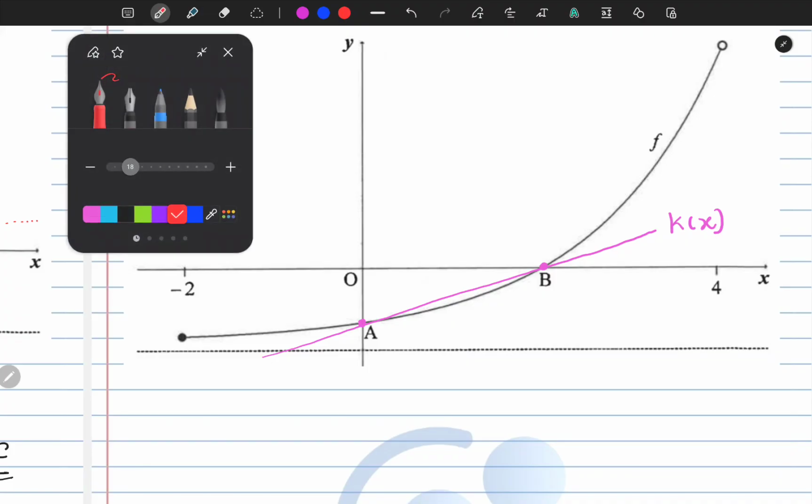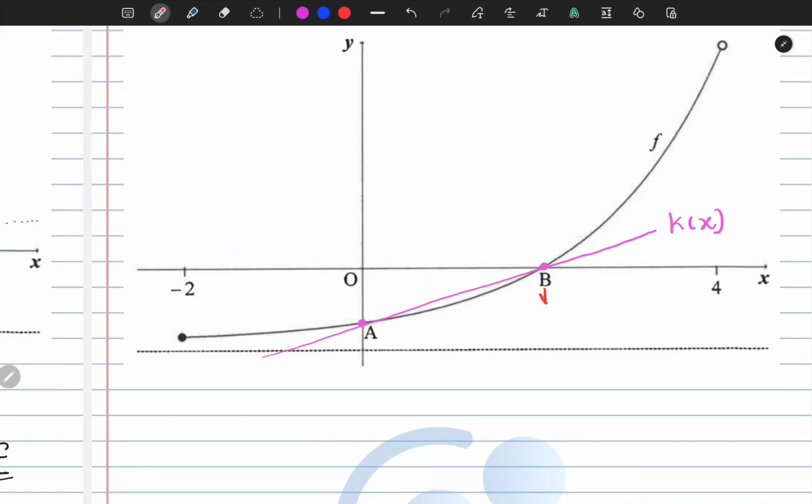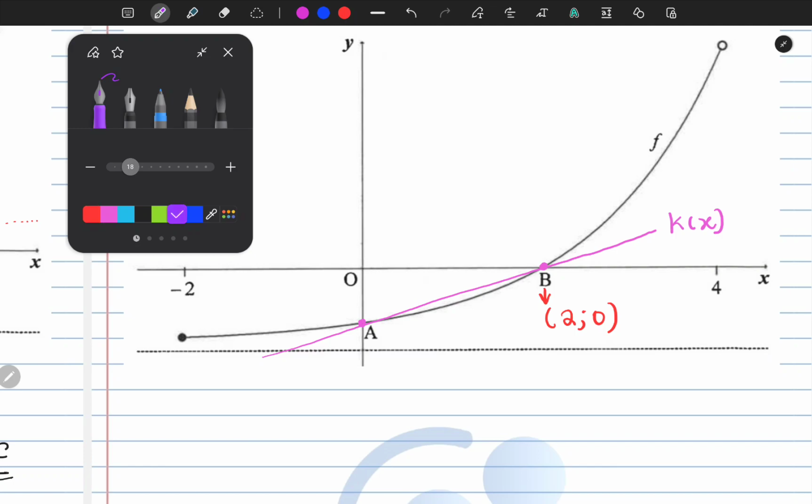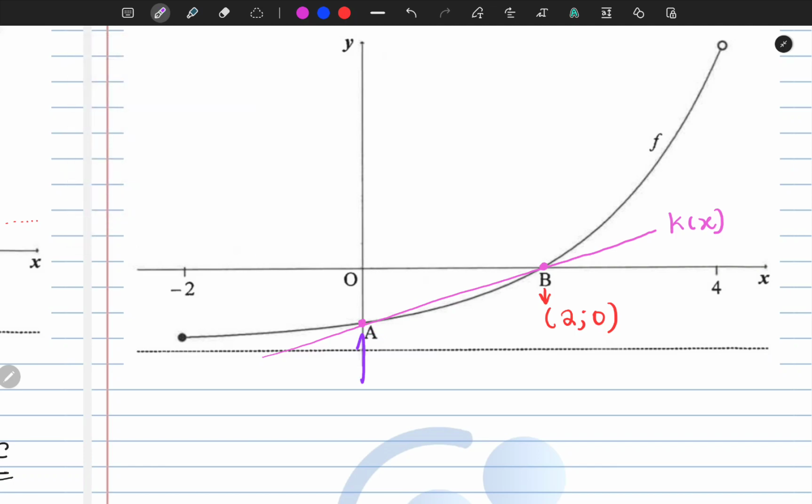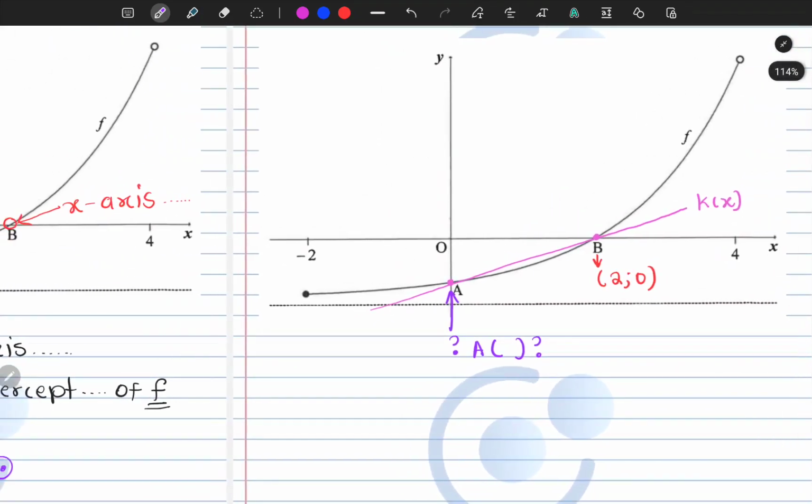So already the coordinates of b, we know that we have 2 and 0. But when we look at the coordinates of a, we have not found what a is. And if you look at a, it is the y-intercept, because look carefully, that is the y-axis.